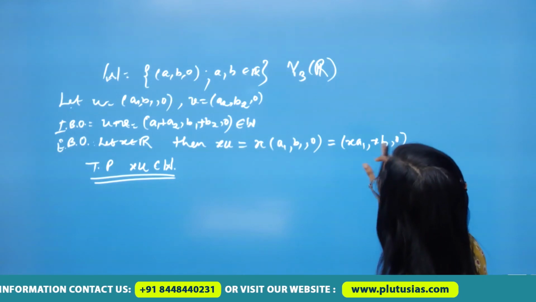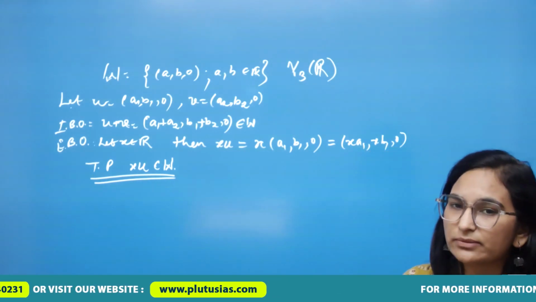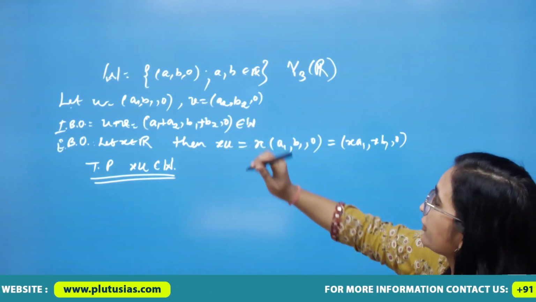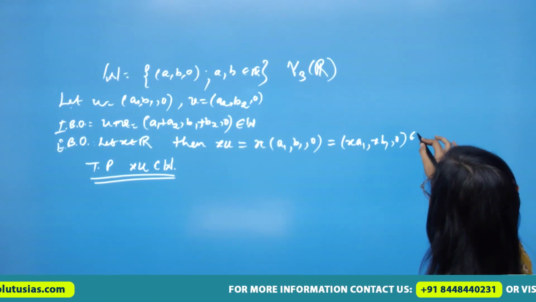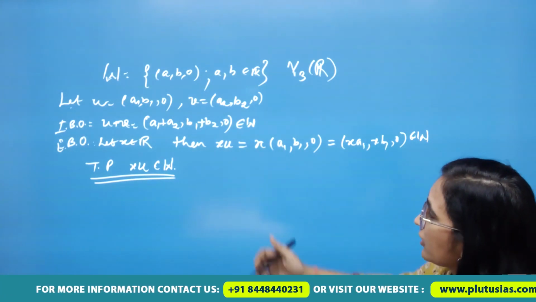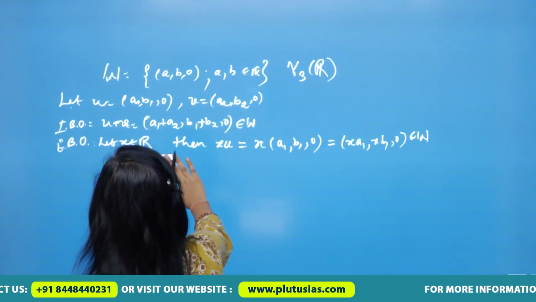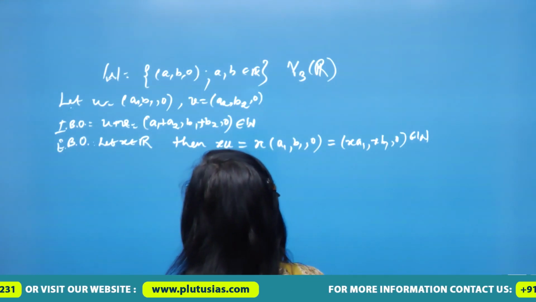Now how does it look? The third element is 0, the first two elements are real numbers. That means it is also one of the elements of W and hence it belongs to W. Hence we have proved that yes, the external binary operation is also defined on W over the field R.